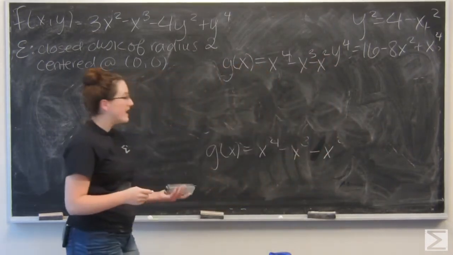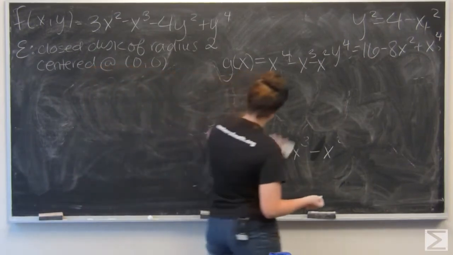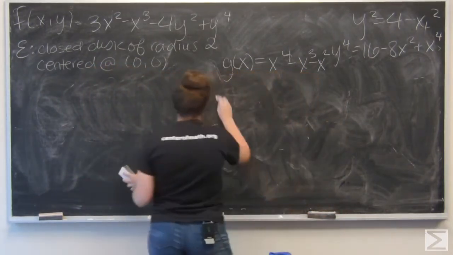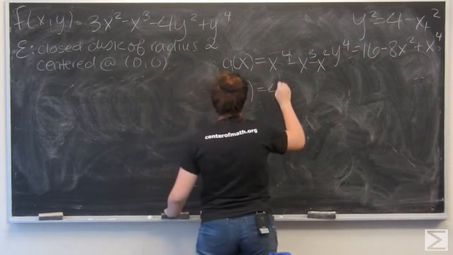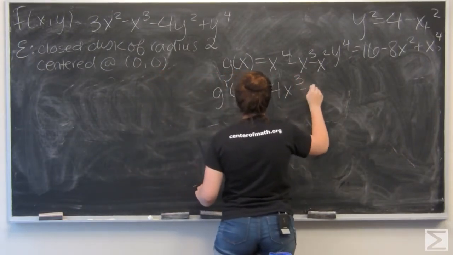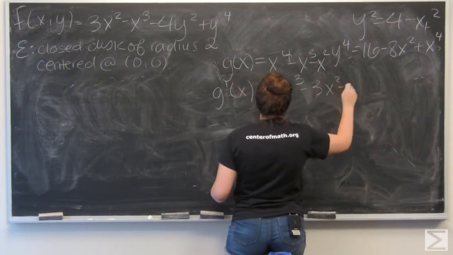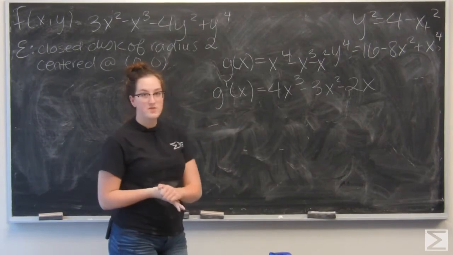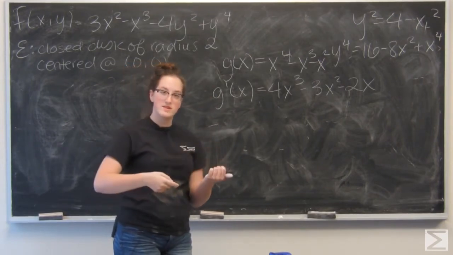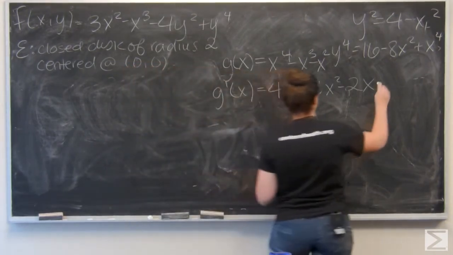So I just rewrote that, and let's go and find its derivative. It's going to be 4x cubed minus 3x squared minus 2x. So I want to set this equal to 0 and factor.